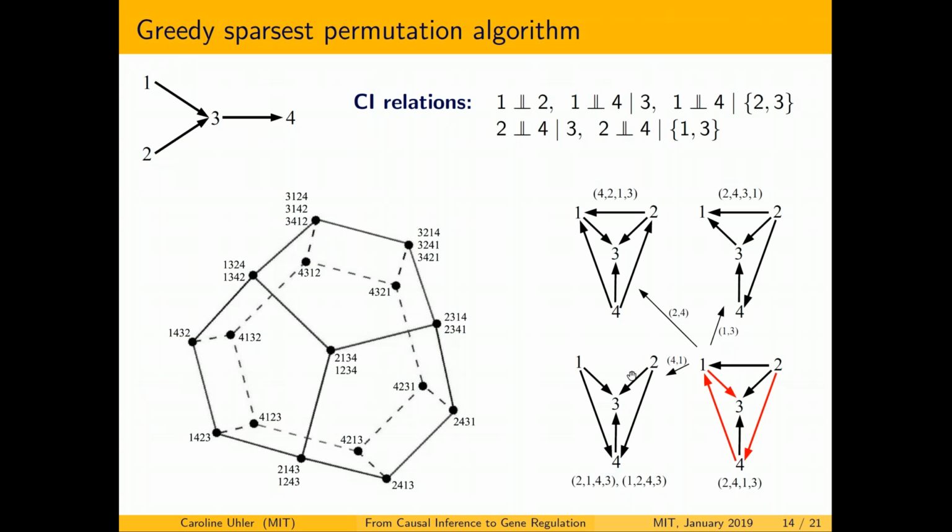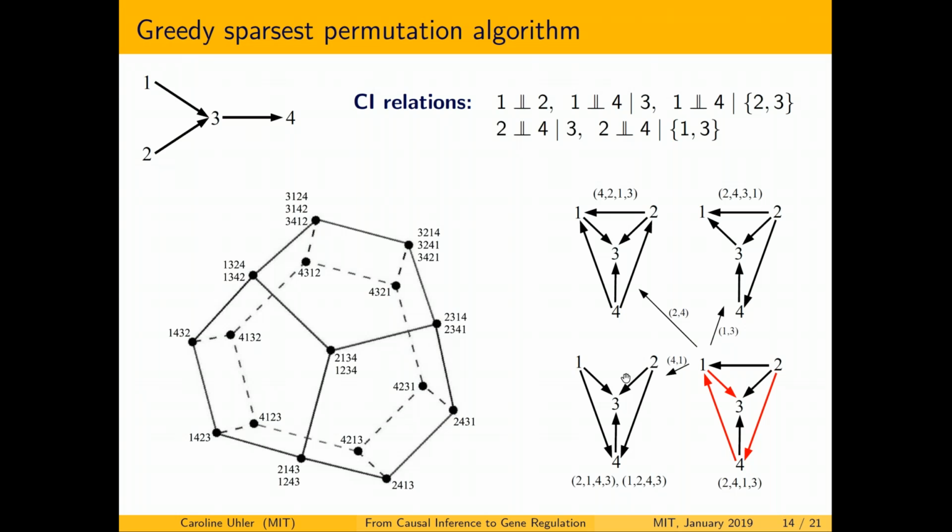Let me maybe look at this kind of graph. So if I have a DAG, like for example this one here, where I have a missing edge between 1 and 2, well, then we already know that the permutation, when I'm switching the order between 1 and 2, since there's no edge between them, will lead to exactly the same DAG.